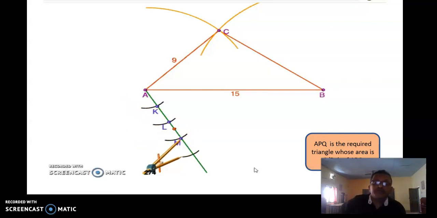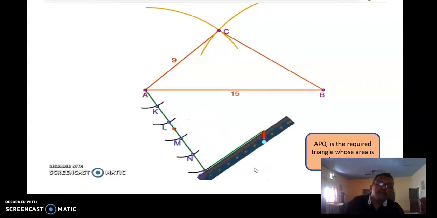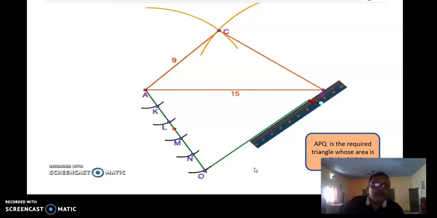by using compass. Now join this O and B. Here join the last end point to B. Now I want 3/5.